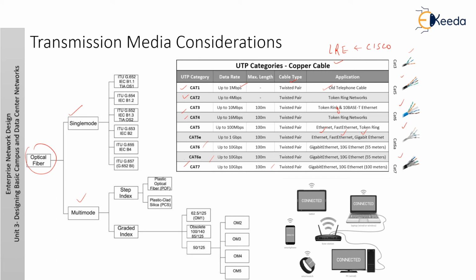Wireless clients supporting IEEE 802.11g, and so many standards are there, allow a speed of up to 54 Mbps in the 2.4 GHz band over a range of about 100 feet. The IEEE 802.11b standard supports speed up to 11 Mbps in the 2.4 GHz band.